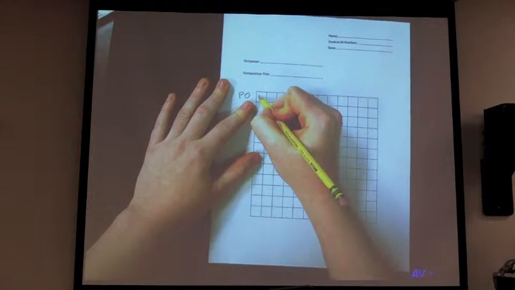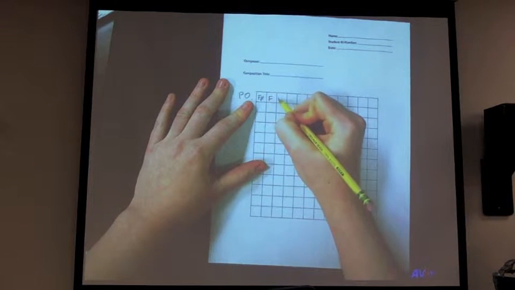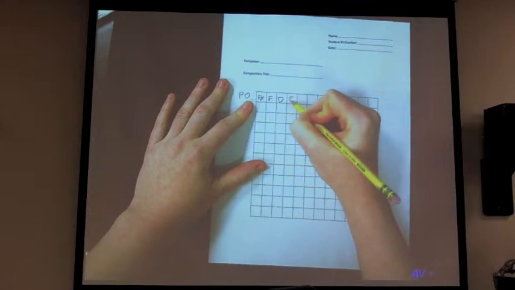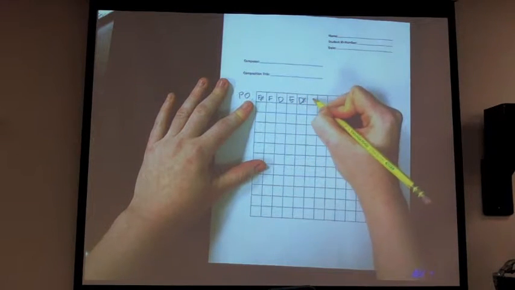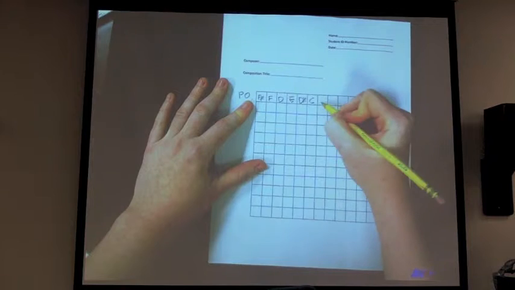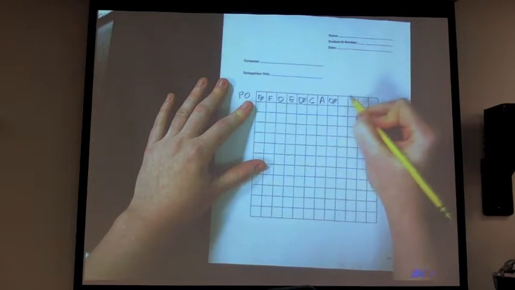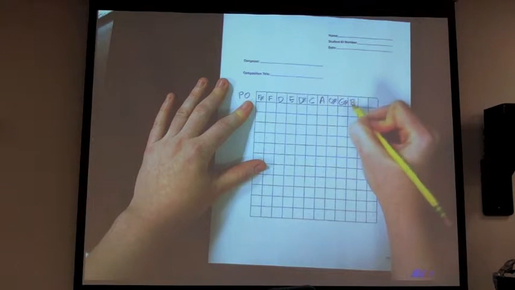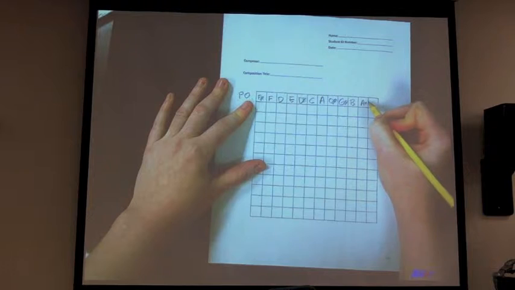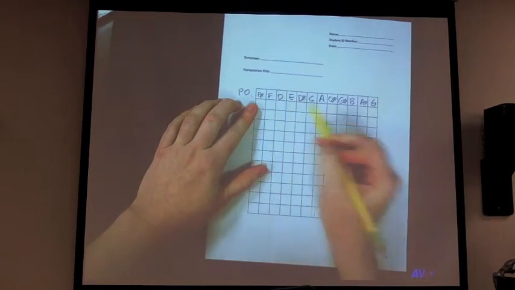We're going to start with F sharp. It's the first note. F, D, E, D sharp, C, and this is established by the composer. C sharp, G sharp, B, A sharp, G. So we put in our row here.